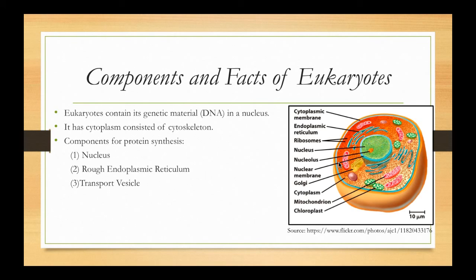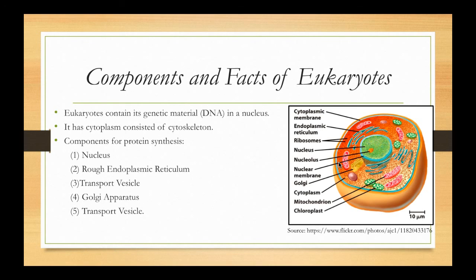After the protein is made, it is transported to the Golgi apparatus in a transport vesicle. Once a protein reaches the Golgi apparatus, it moves through this organelle and is modified with sugars, making glycoproteins. And at last, a transport vesicle comes again.